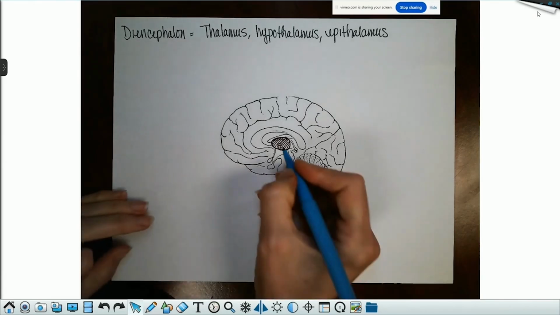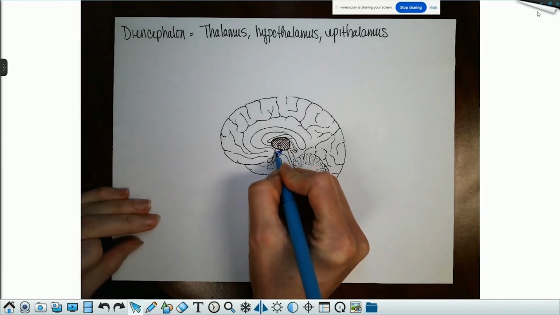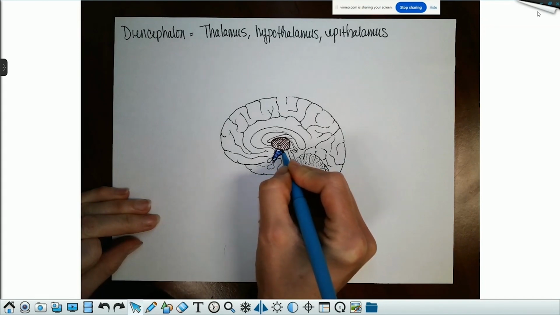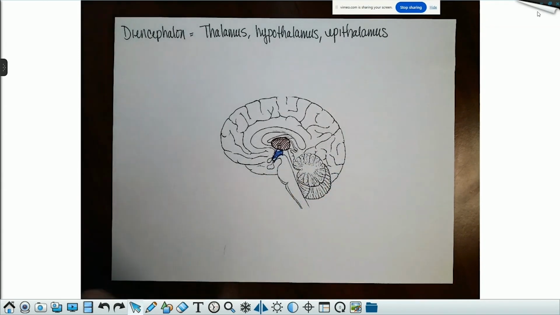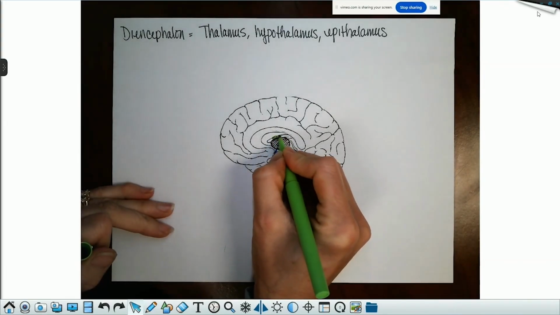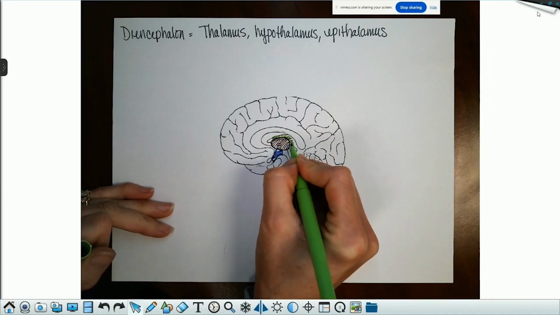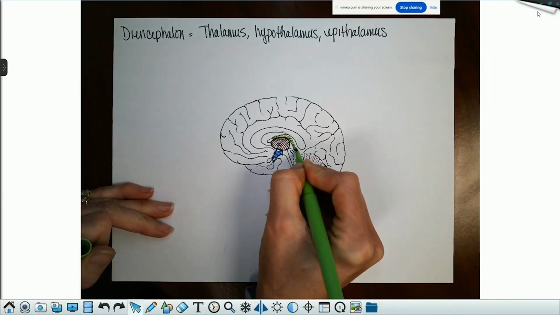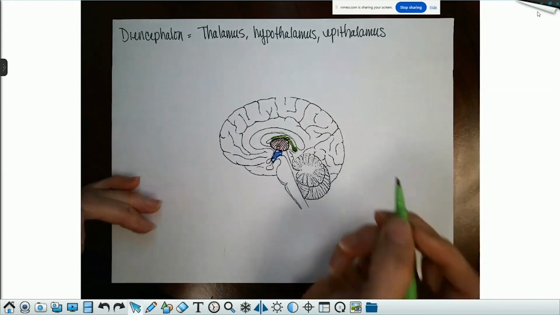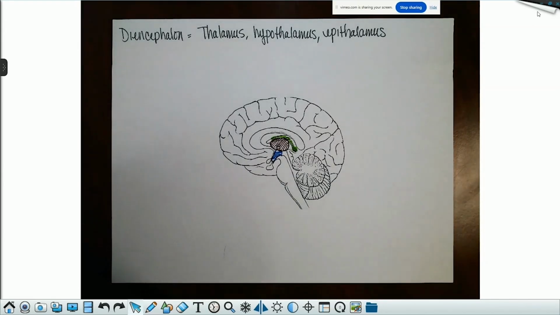Hypo meaning below. So there is our hypothalamus. And epi means above. So we're going to find that structure up here, coming down to a little circle portion right there. That's the epithalamus.